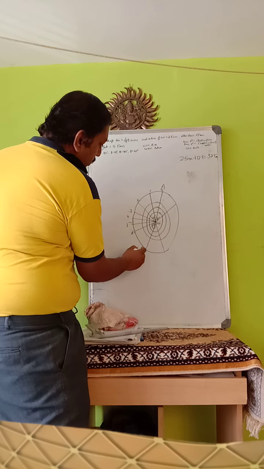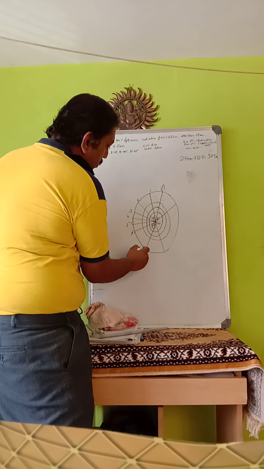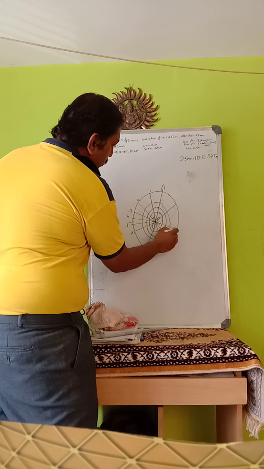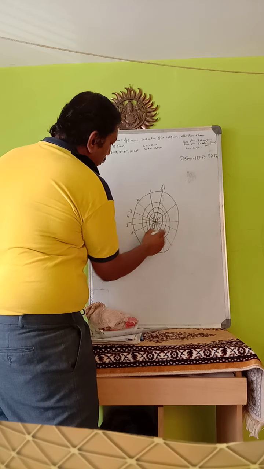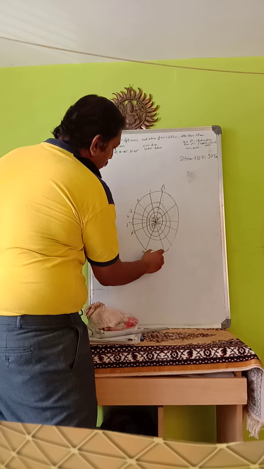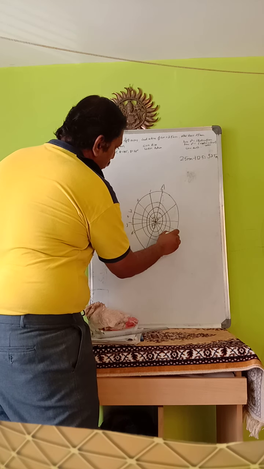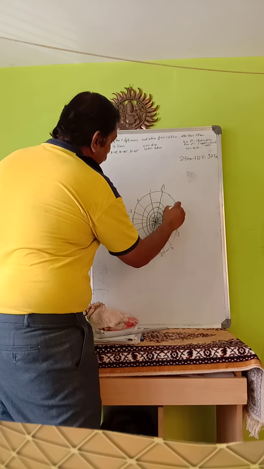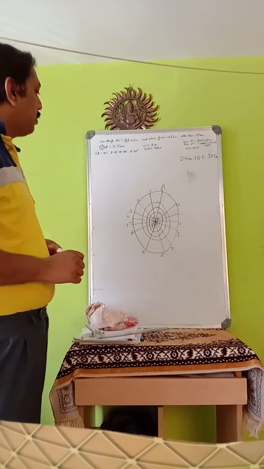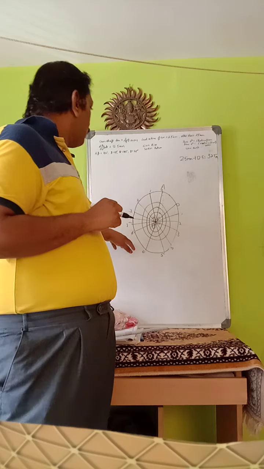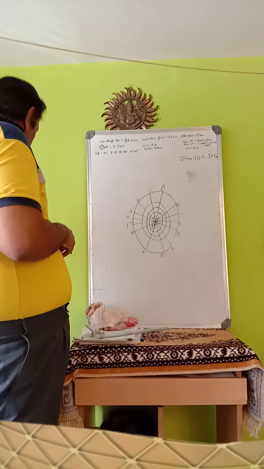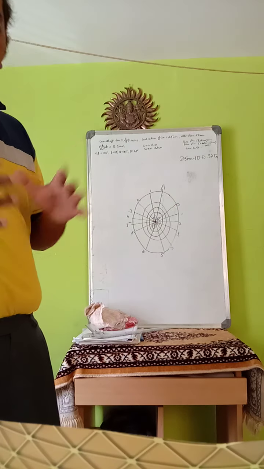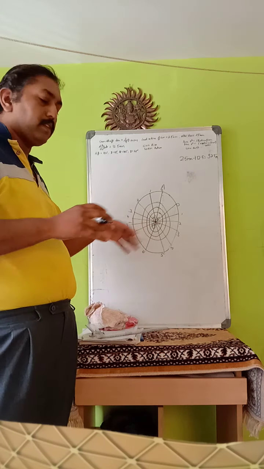Again we get these 6 parts, 1, 2, 3, 4, 5, 6. So equally we have divided, and we have the segments now.